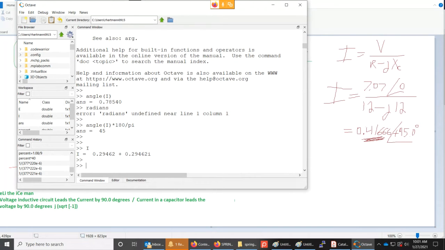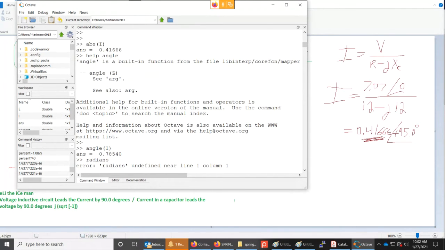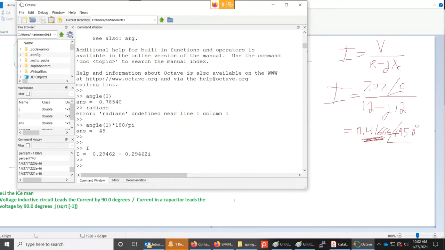So like I say, we can get the absolute value using ABS, and then we can get the angle using the angle function, but we have to convert it to degrees because as people, I think we prefer degrees instead of radians. And so we can do this in one step. Let me show you.